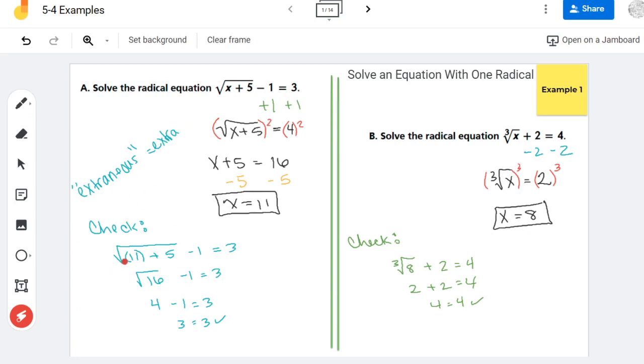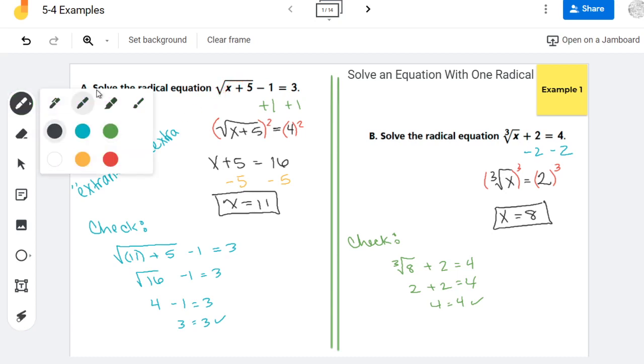Now, a key thing here, by the way, I'm going to talk about it with the square root. A lot of kids remember, because I drill it into your brains, that when you take a square root, you need to put a plus or minus. Understand that that is only when we're using the square root as a tool. In this case, the square root is already there.